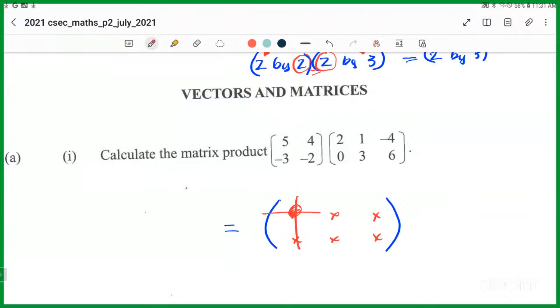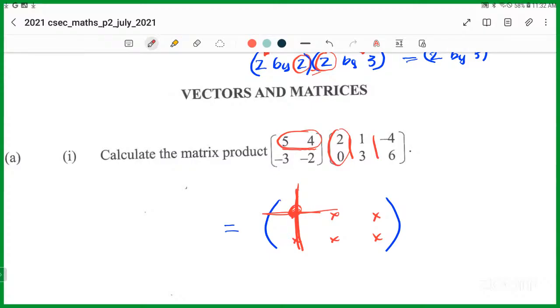And again, you always take the rows from the first matrix and the column that you're using from the second matrix. So this first matrix has 2 rows. This one has 3 columns. So I'm putting a line down here to show that I'm using these 3 columns. To get it, you multiply this first row by this first column.